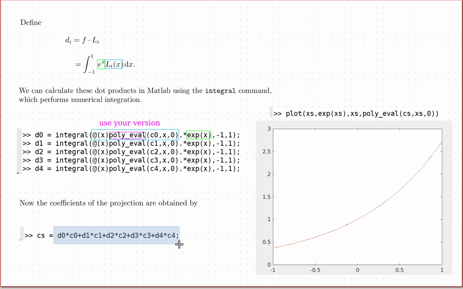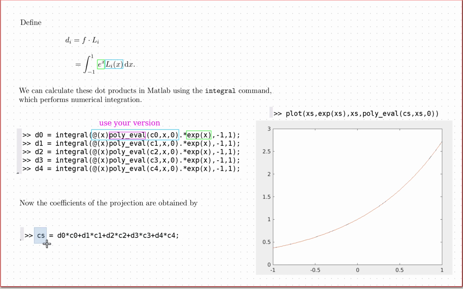So I add up the products of the dot products with the coefficients of the Legendre polynomials, and the total will be the coefficients of the projection. So CS here represents the coefficients of the projection of the exponential function onto the subspace P4 of polynomials up to degree 4.